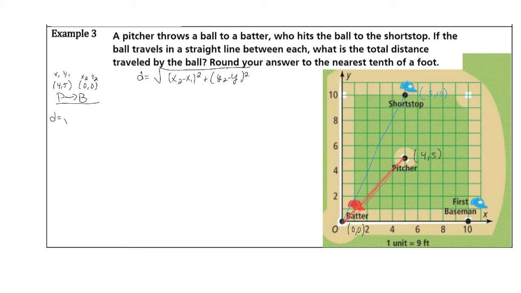So distance equals square root of x2, which is 0, minus x1, squared, plus y2, which is 0, minus y1, squared.